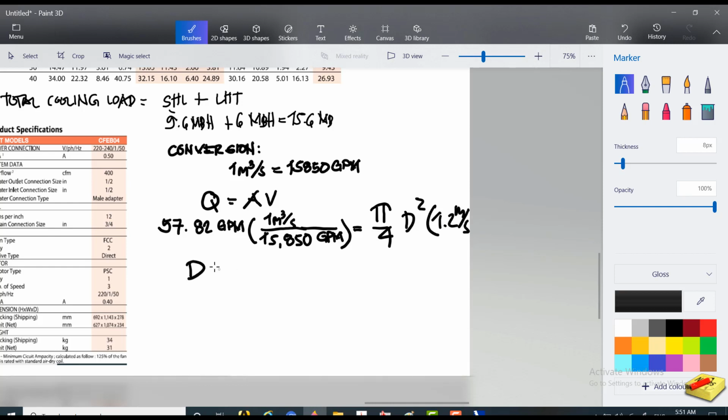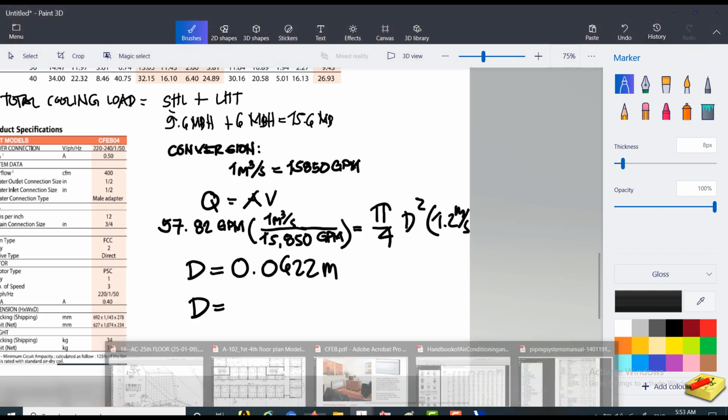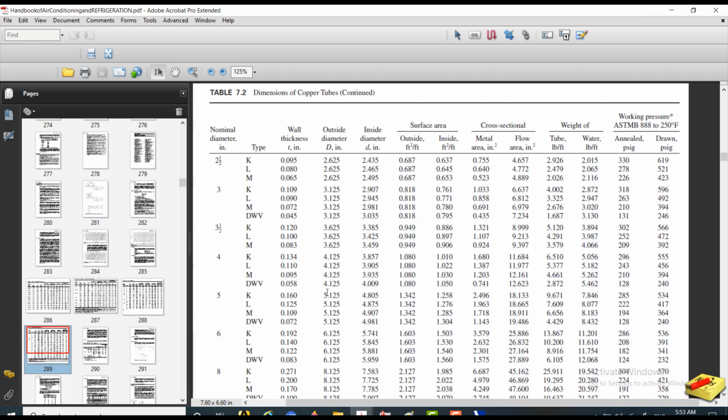Okay, so we have now the diameter is equal to 0.0622. So this is in meter, so we can convert this one to inches, or for the norm, we can look on the table kanina.